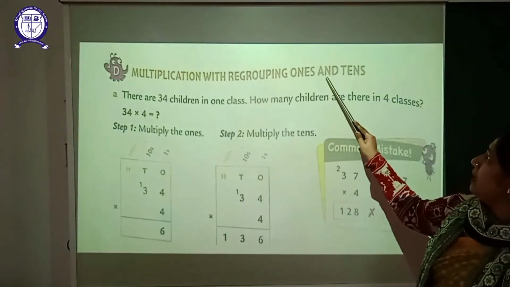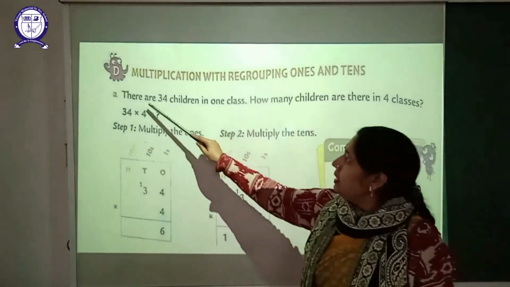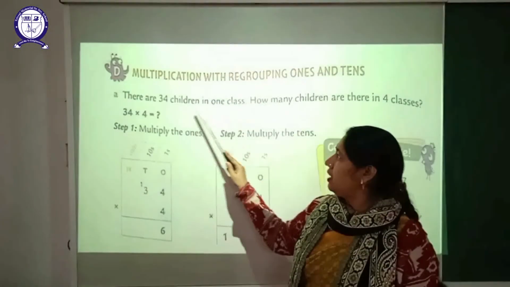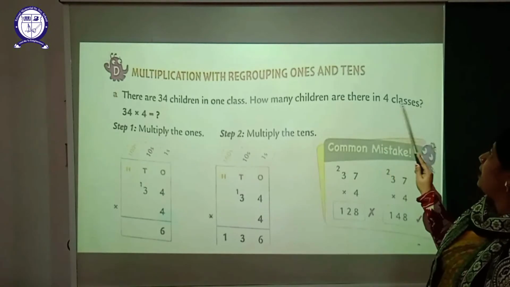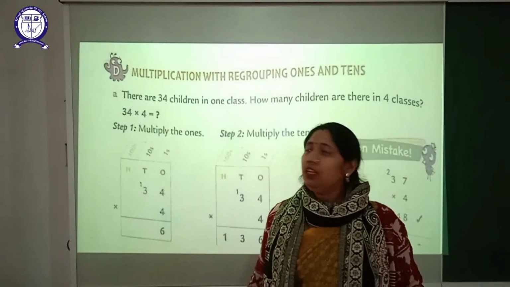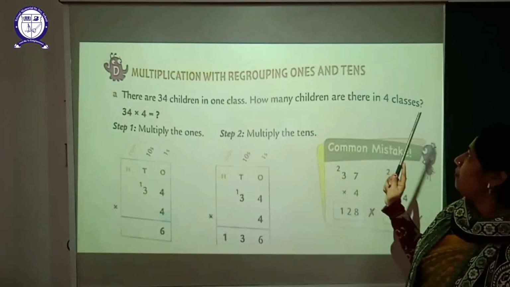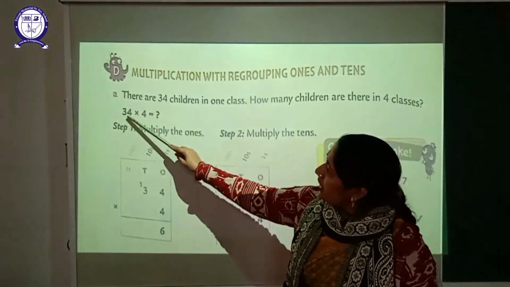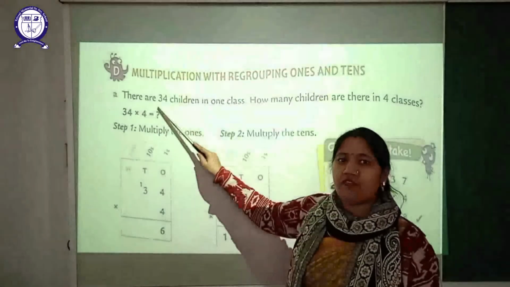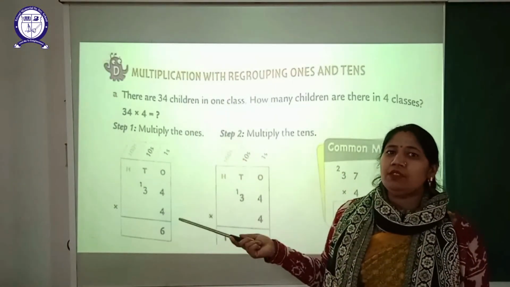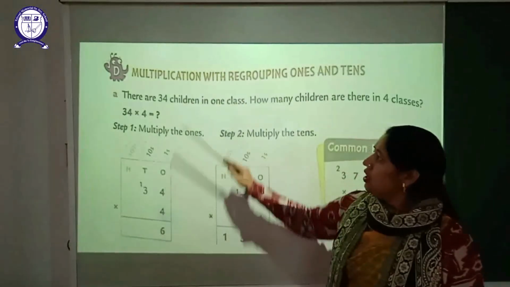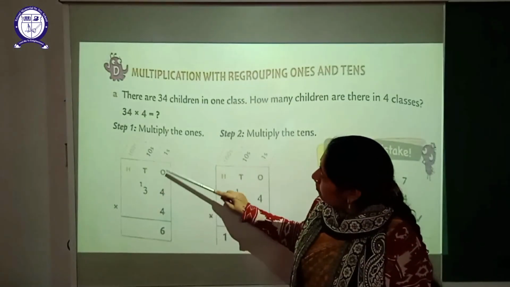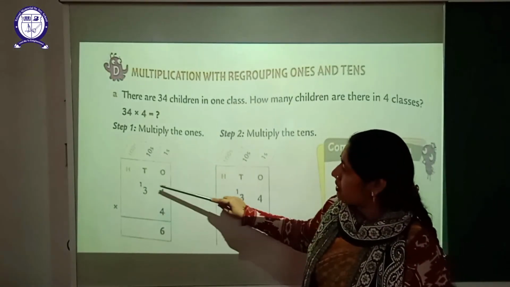Multiplication with regrouping ones and tens. So there are 34 children in one class. Okay, class 1, there are 34 children. How many children are there in 4 classes? One class contains 34 children and we have to find out the total number of children in 4 classes. So we have to write here 34 multiplied by 4, means 1 times 34, 2 times 34, 3 times 34 and 4 times 34. So the first step, we have to write in the column like this and multiply ones place by 4. 4 4s are 16.